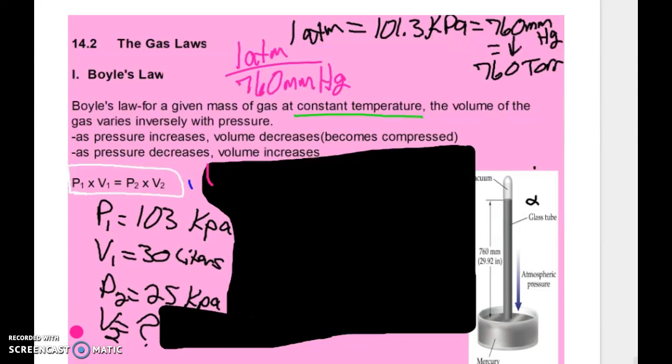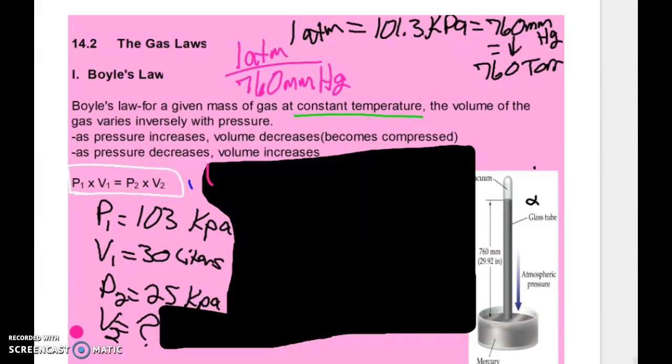If we did that, it would be under pressure. So it's inversely related. As pressure decreases, volume increases. If I reduce that pressure, the balloon would expand to the size it was before we applied the pressure.